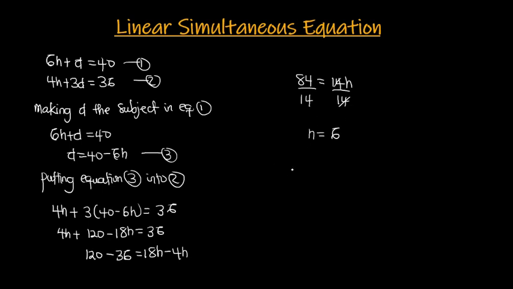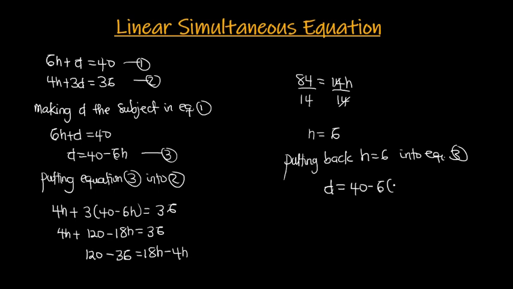Now that I have the value of h, I can substitute it into any of these equations, whether equation 1, 2, or 3. But I'm going to substitute it into equation 3 since it already has d as the subject. So putting h equals 6 into equation 3, my d will be equal to 40 minus 6 multiplied by 6 as the value of h.